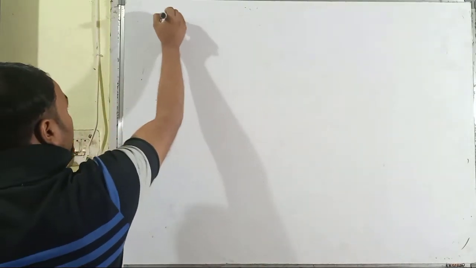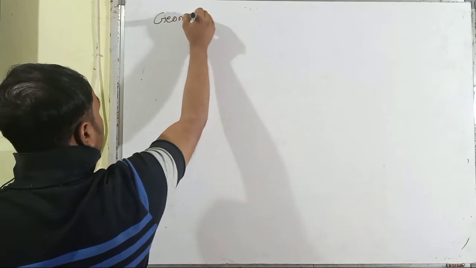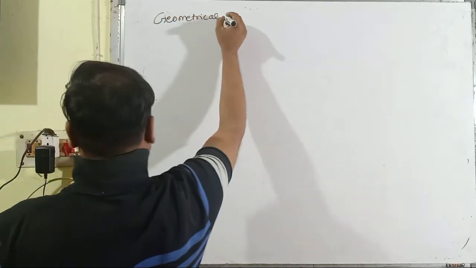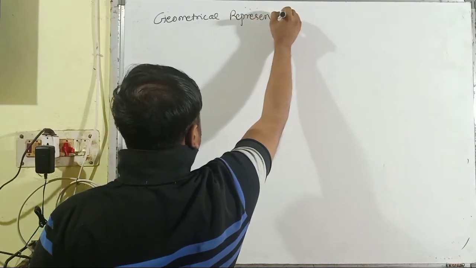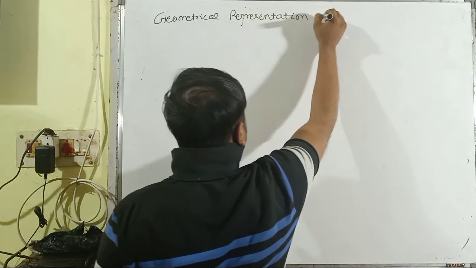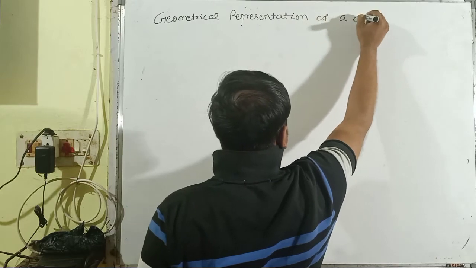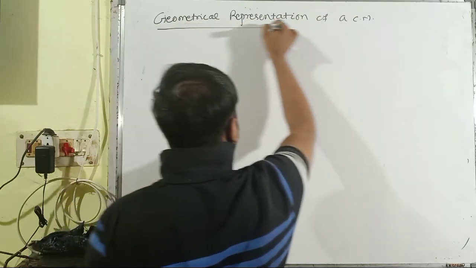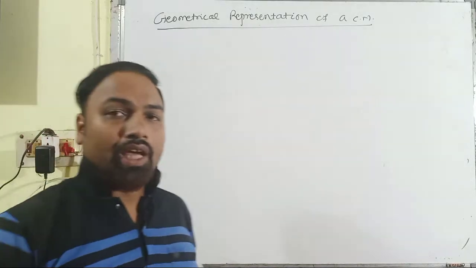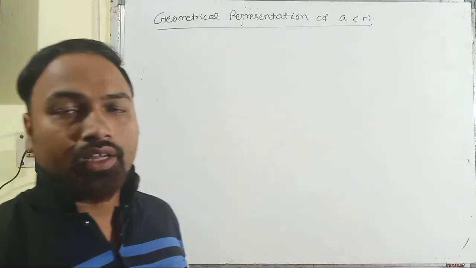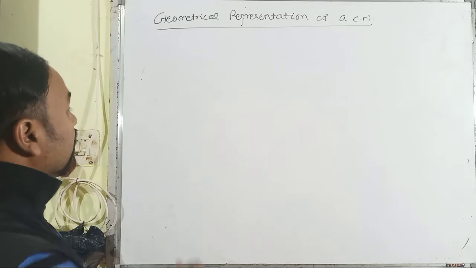So geometrical representation of a complex number. Any complex number can be represented as a point in the xy plane.